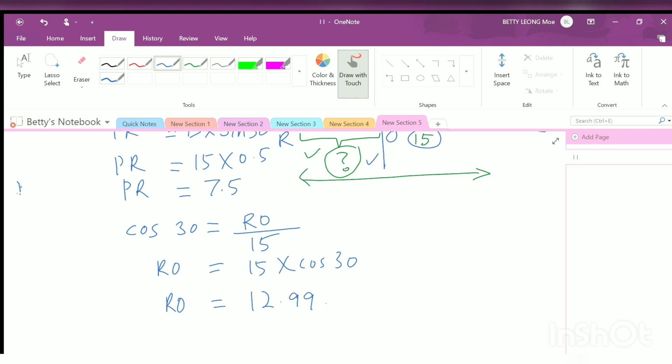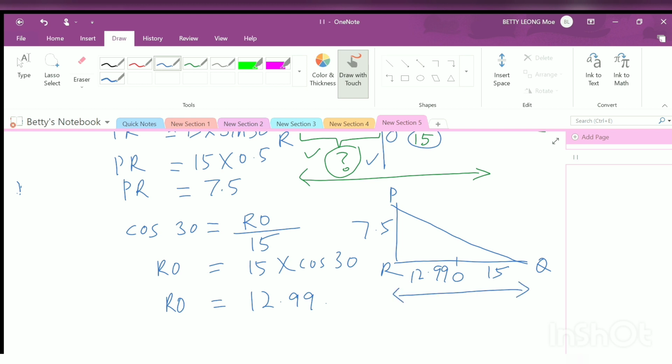Okay, so now you know that your PR, this one O, this is your Q, this is 15, and this one is 12.99, and this one is 7.5. So total this one is 27.99.